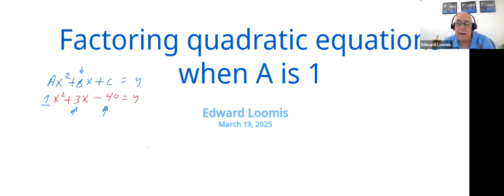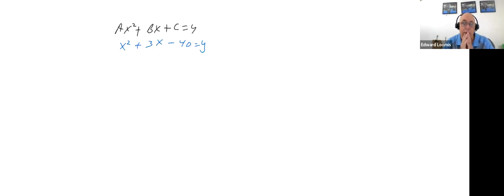So let me set up the problem. Okay, so we have the problem I just was talking about. We have x squared plus 3x minus 40 is y. This is the standard form for a quadratic equation. And once again, I'm just going to point out that a is whatever number is in front of the x squared.